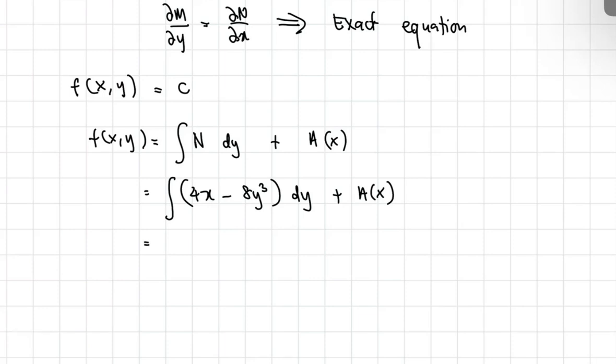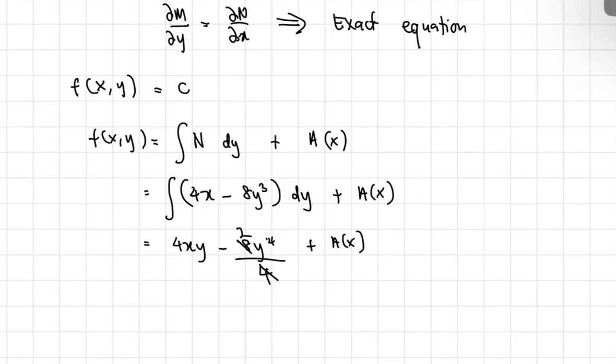So 4x, when we are integrating with respect to y, is a constant, so you will get 4xy minus 8y cubed. Cube is 3 plus 1, so y to the power of 4 divided by 4. So 8 divided by 4, we get 2y to the power of 4, plus a(x).